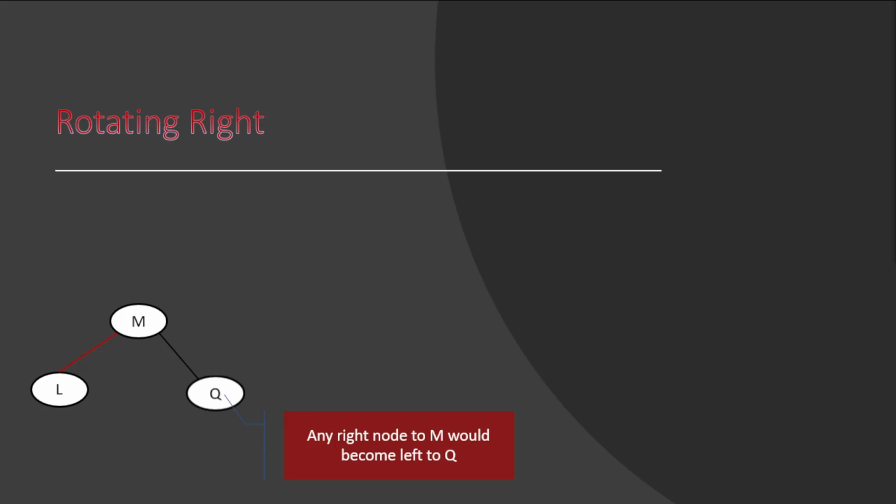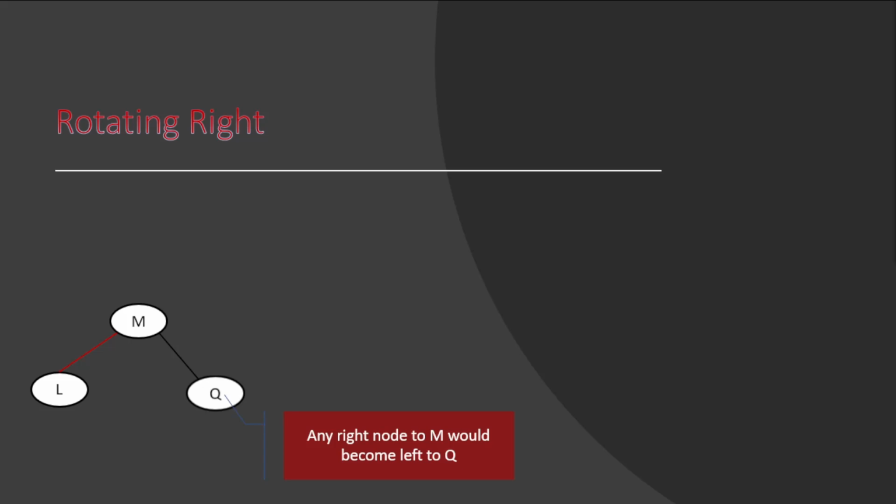Well, don't forget, even though I don't show it here, Q already has stuff to its right potentially. We don't know that. L might have stuff to its left or right, and M might have stuff to its right as well. So what we can do on the rotating right is leave Q's right alone. It's outside the scope of what we care about. We just care about the left nodes.